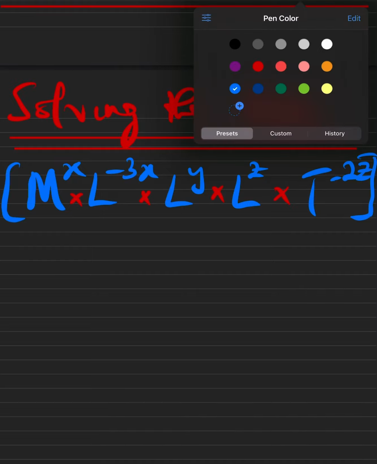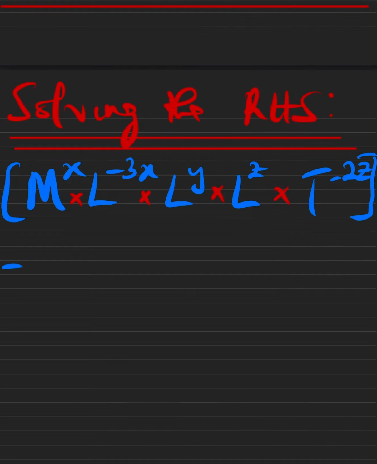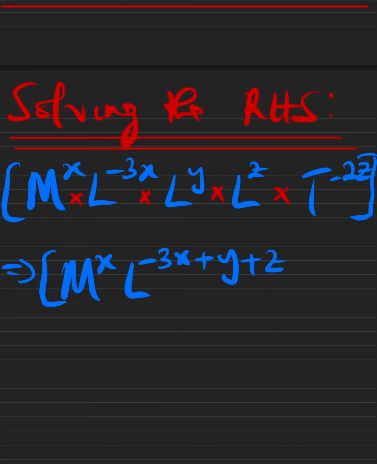So in a way, you are going to have m raised to power x, just a single length, which is 3x plus y plus z. Then your t can be written last there, right? So that is what you are going to have for that, right? So that is what we are going to have for the right hand side.